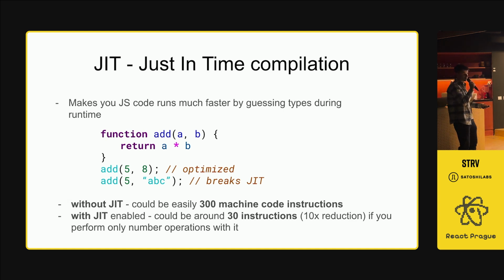JIT is super complicated. It's very smart, so sometimes you might find that even with two versions it will still be fast enough, and so on. So how to know it? Measure it. You need to profile your code, and then you will know for sure. But again, it will behave differently in every browser.